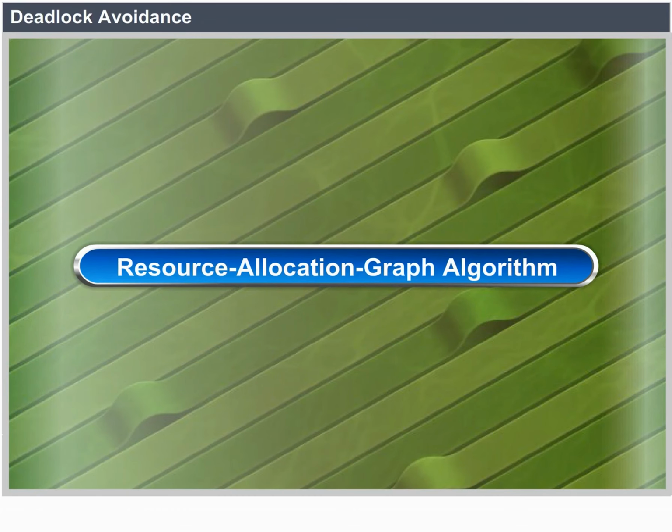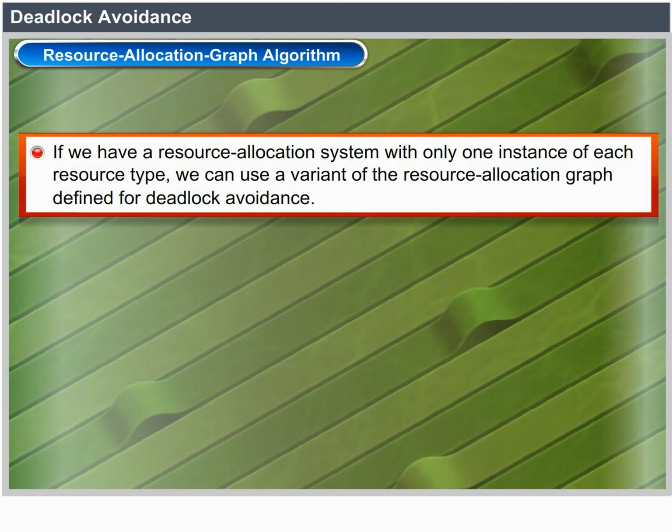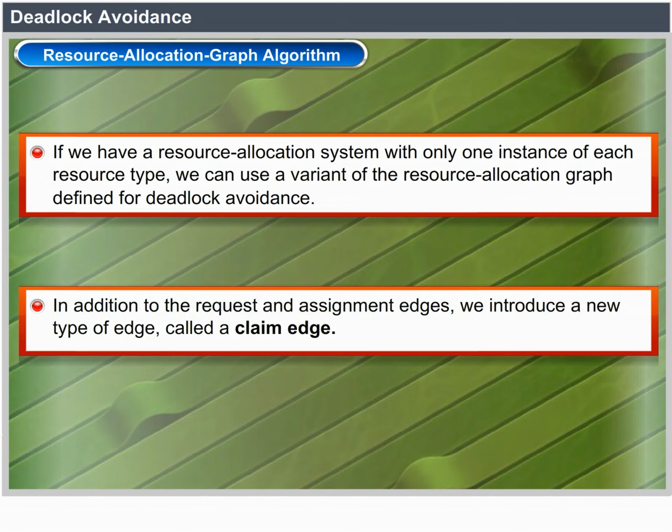Resource Allocation Graph Algorithm. If we have a resource allocation system with only one instance of each resource type, we can use a variant of the resource allocation graph defined for deadlock avoidance. In addition to the request and assignment edges, we introduce a new type of edge called a claim edge.